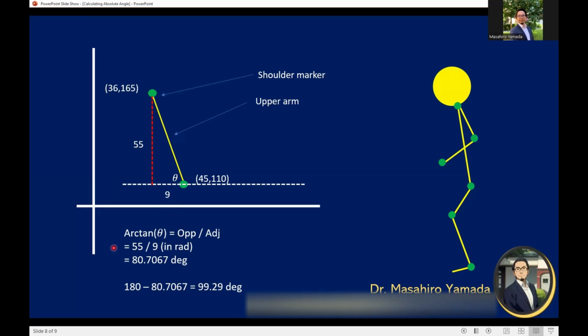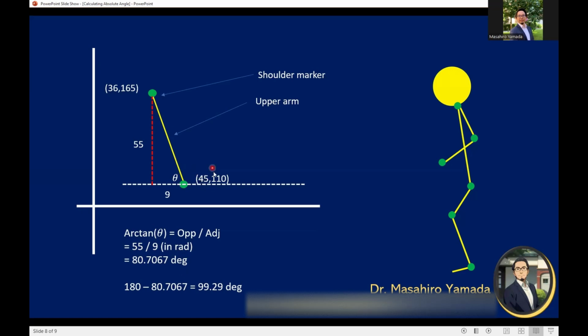The number you obtain after this calculation is the angle in radians. After you obtain 55 over 9, you can convert it to degrees, which in this example is 80.7067.